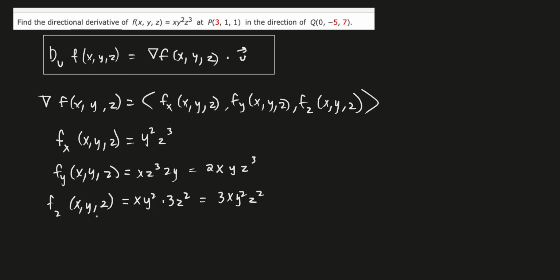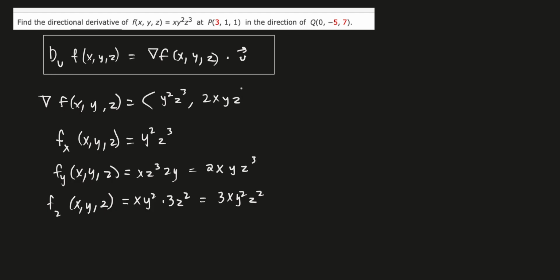So we can go ahead and build our gradient now. This is just y squared z cubed, comma 2x y z to the third, 3x y squared z squared.